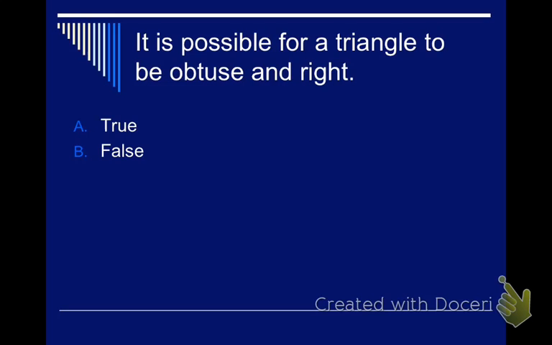Is it possible for a triangle to be obtuse and right? Well, obtuse means the angle is greater than 90 degrees. Right means the angle measurement equals 90 degrees.